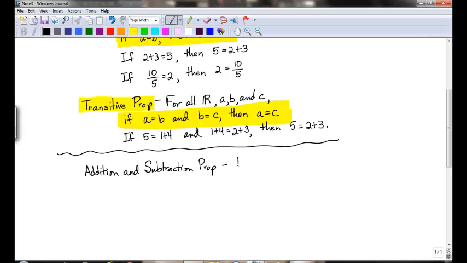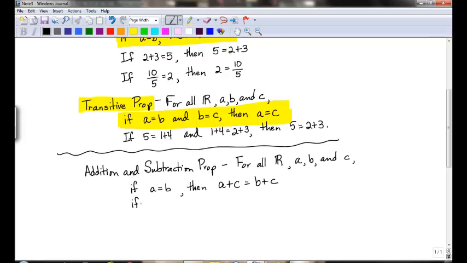And it says for all real numbers A, B, and C, if A equals B, then this is the property that says I can add something on both sides of the equation. Then A plus C equals B plus C. I'm adding C to both sides of the equation. That would be the addition property.